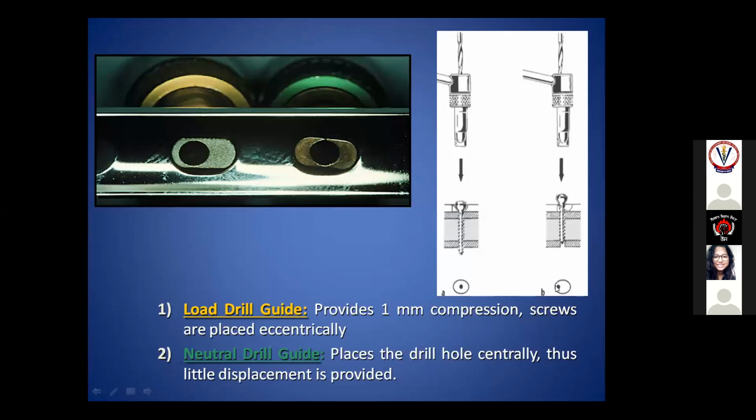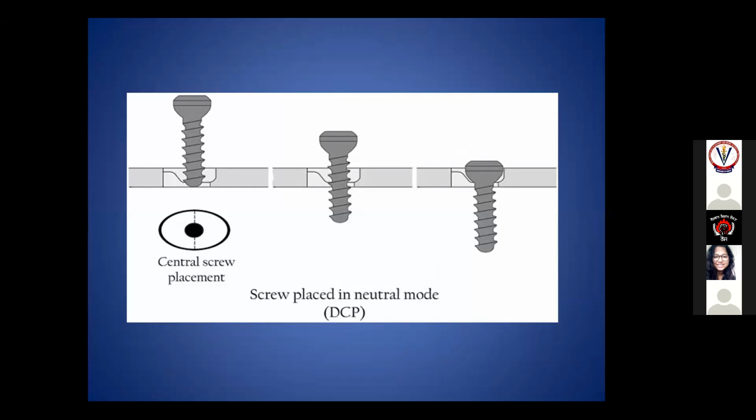We are drilling a hole. The hole is created not exactly at the center of the plate hole, but eccentrically in the plate hole. When you use this neutral guide, where the hole is in the center, when you drill a hole, you will be drilling exactly in the center of the plate hole. So that is how the basic engineering is provided for creation of compression.